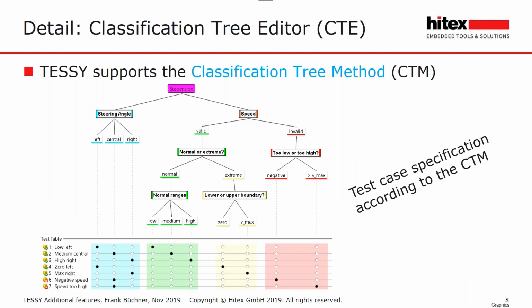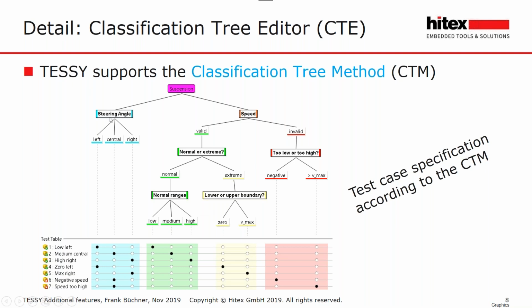Another feature of Tessy is that you are able to generate test specifications according to the classification tree method. This is a systematic method. It's a visual method. You see here what we call the classification tree, and the classification tree has equivalence classes.